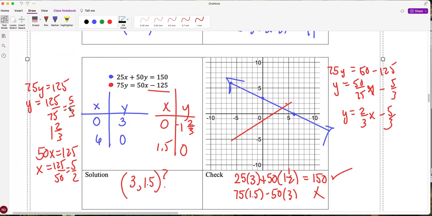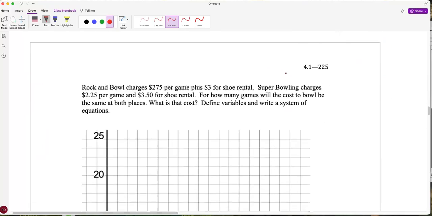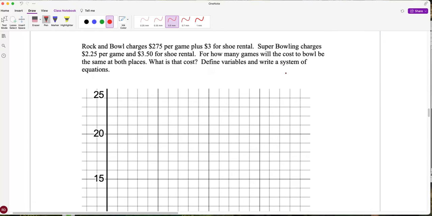So it could be the case that 4, 1 is the solution. In this case, you could plug in 4, 1, and it would be the solution to this particular one. So again, this just shows the shortcoming of a graphical approach. These are just here to show you that this is not always the best solution. There's two different algebraic solutions we're going to hit later, which are more accurate in that case.